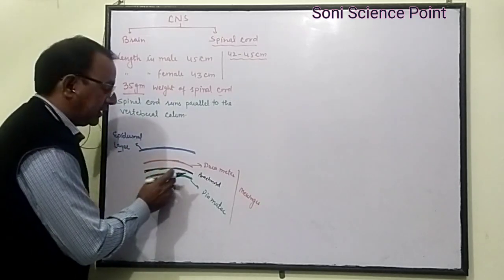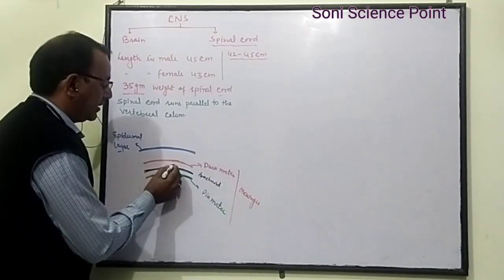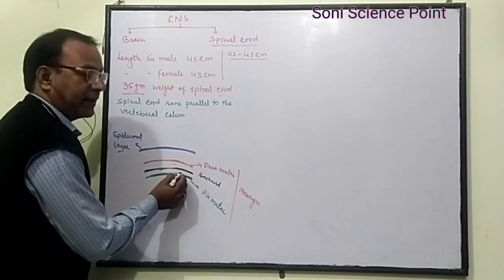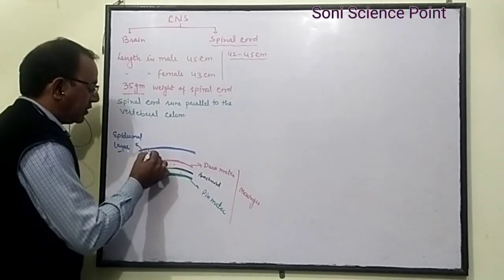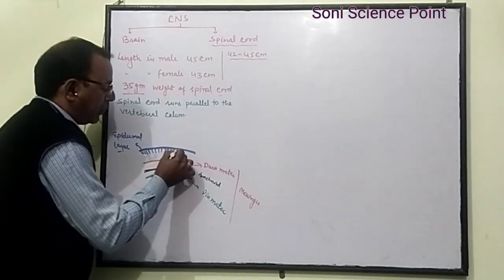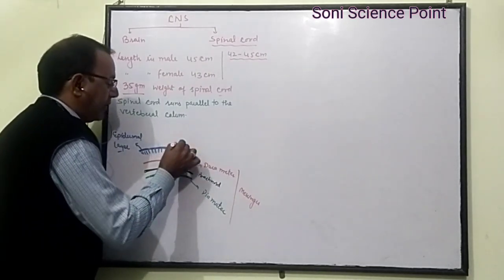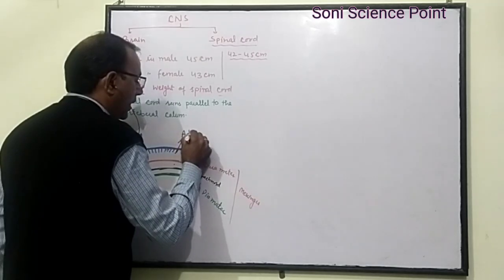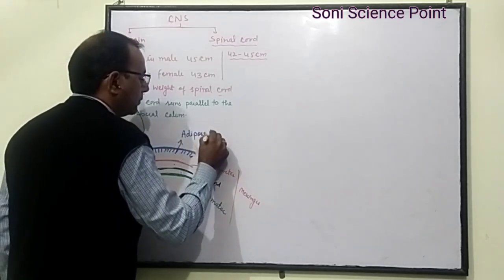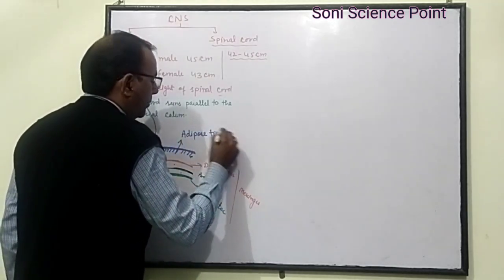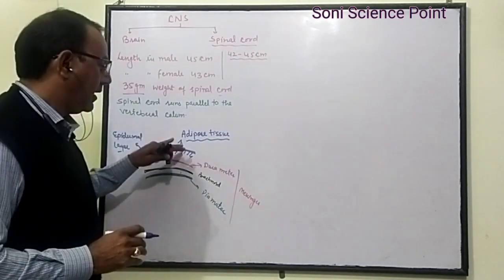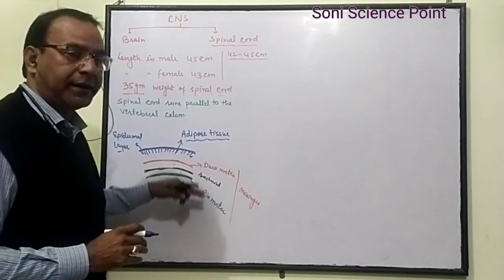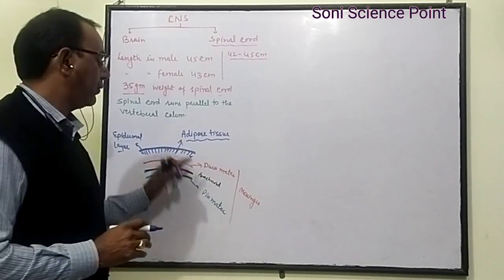There are two cavities present between the three membranes, the subdural cavity and the subarachnoid cavity. But there is another cavity in which a special tissue, adipose tissue, is present, which is made up of fat. So one extra layer covers the spinal cord and protects it from external injury.